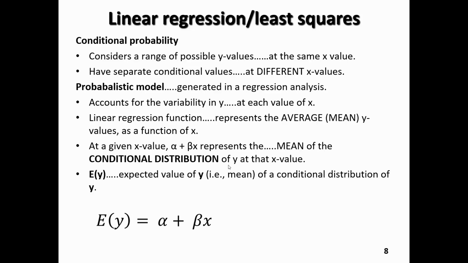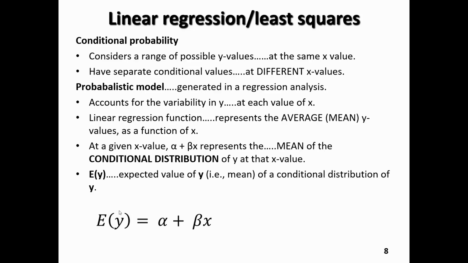And we change our y of x to what's called, or the symbol uppercase E of y. And this is the expected value of y. So instead of clearly defining y as a function of x, we consider the fact that there's a range of scores. And so we expect a particular y value.